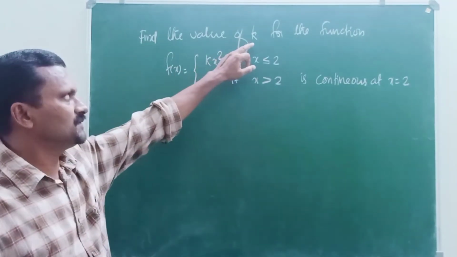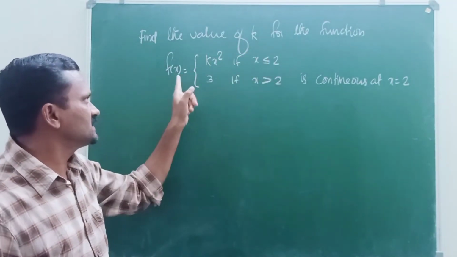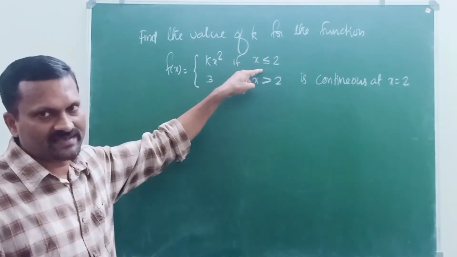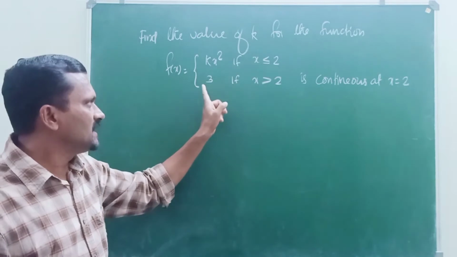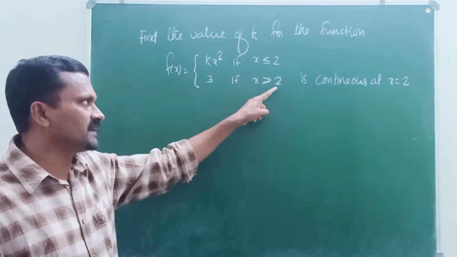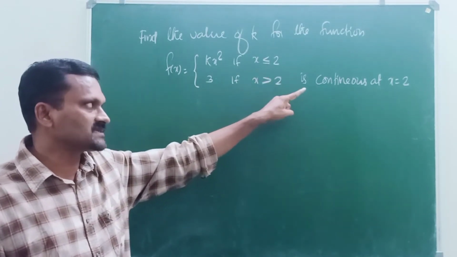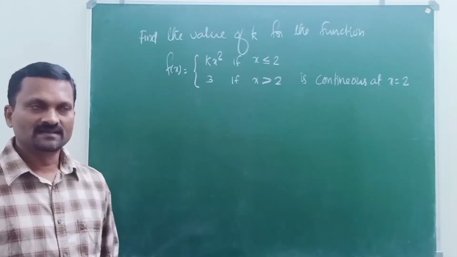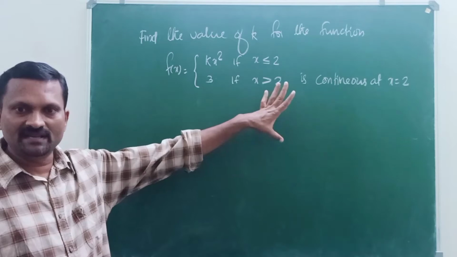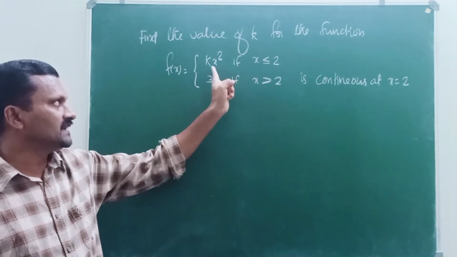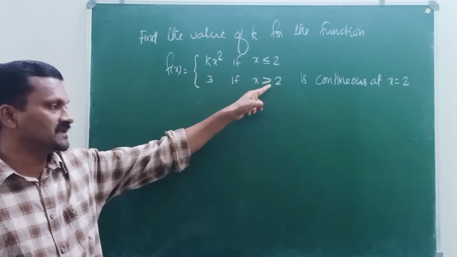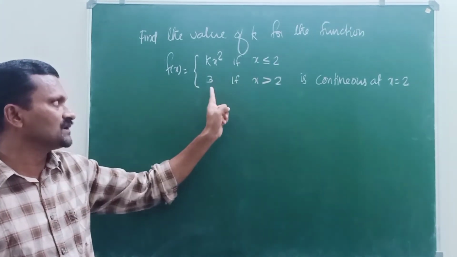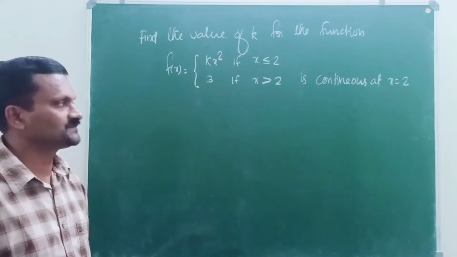Find the value of k for the function f of x equal to kx square if x less than or equal to 2, and 3 if x greater than 2, is continuous at x equal to 2. Since the function is continuous at 2, then LHL and RHL at 2 are equal, and these equal f of 2.